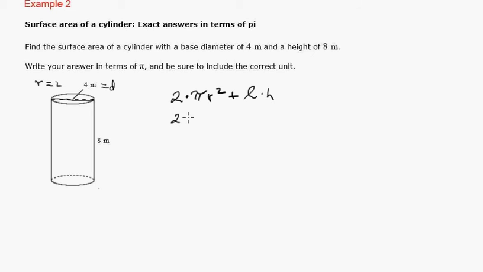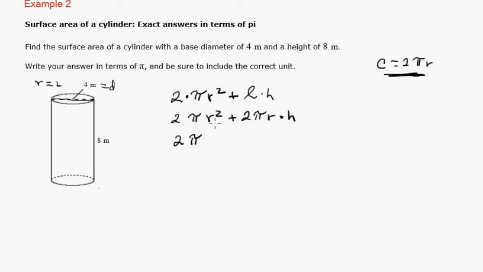So that's 2 pi r squared plus, once again, the circumference is equal to 2 pi r, times h. These are formulas that you just have to know if you want to do geometry. Now we just plug and play.